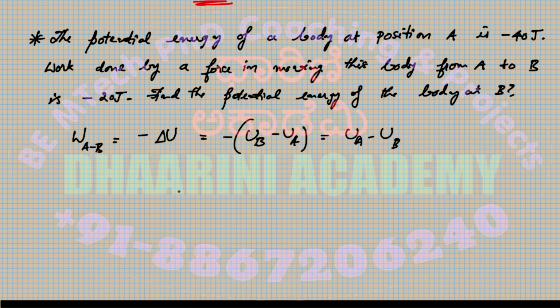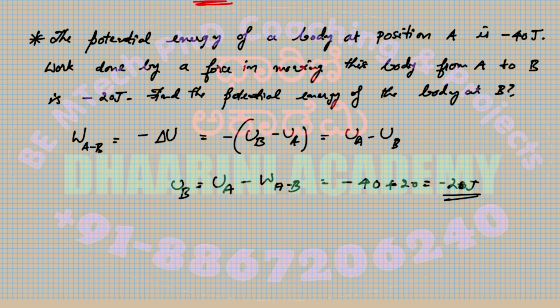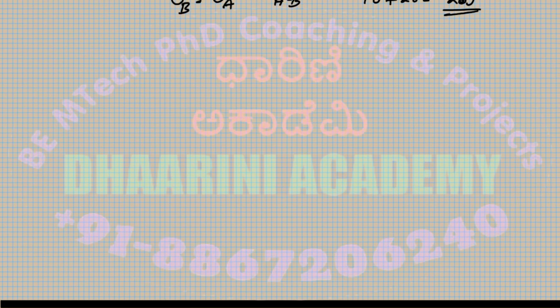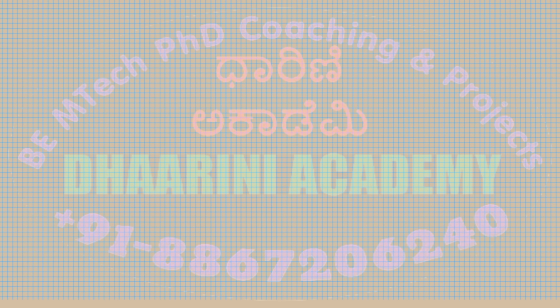So if we want to find UB, keep UB on this side, move this to the other side. That is UB is equal to UA minus work done A to B. So this is minus of 40, minus of minus is plus 20. So minus 20 joules is the required answer. All right. So like this, we can solve the problems based on the potential energy.